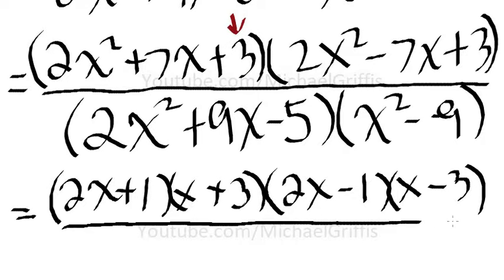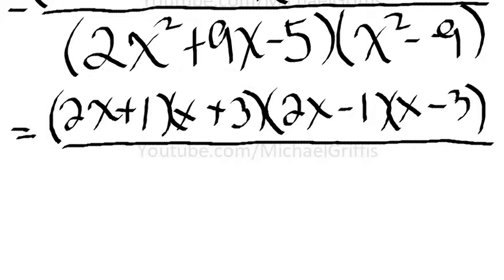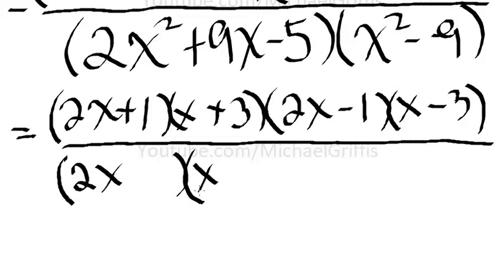Alright. Now we're going to look at the denominator. We have 2x squared plus 9x minus 5. Well, we know we'll have to write a 2x here, and then an x. So we got a minus 5, and the only way we can do this is a 1 and a 5.